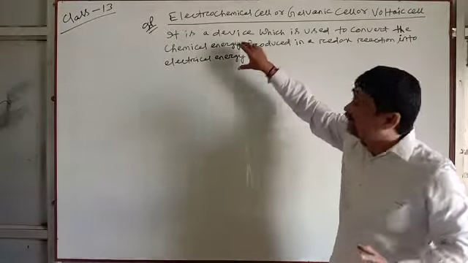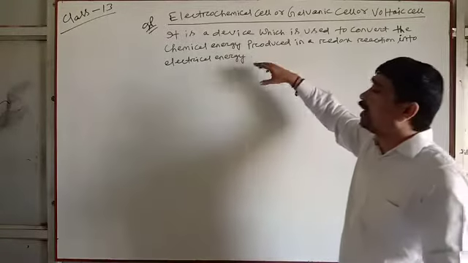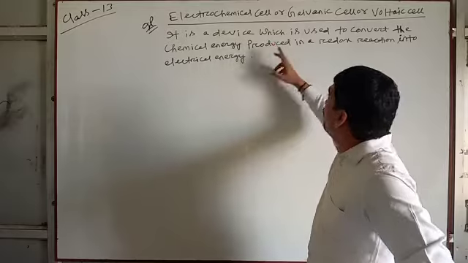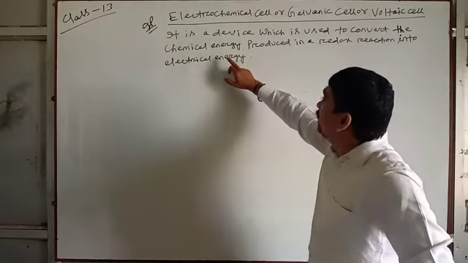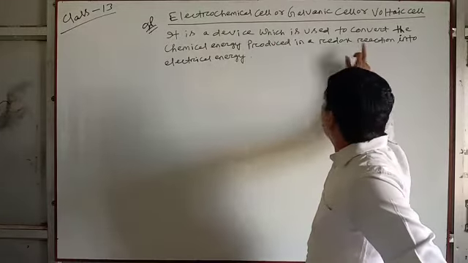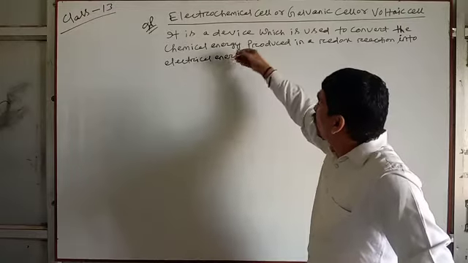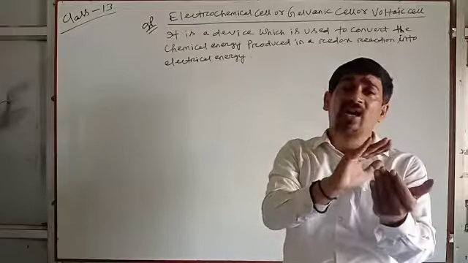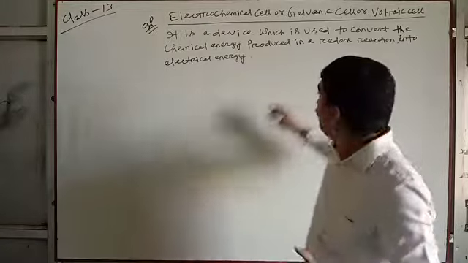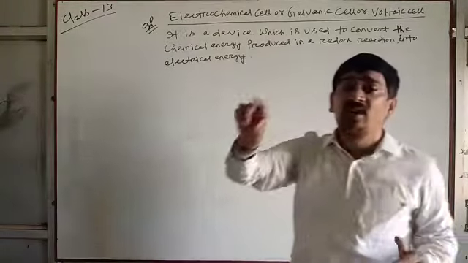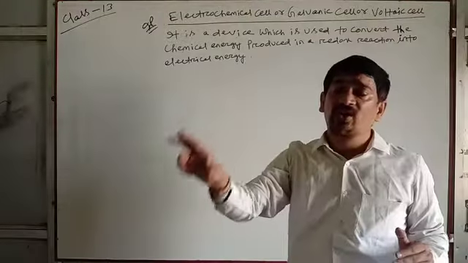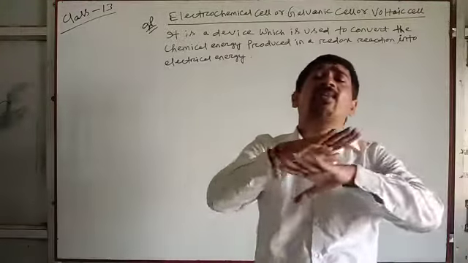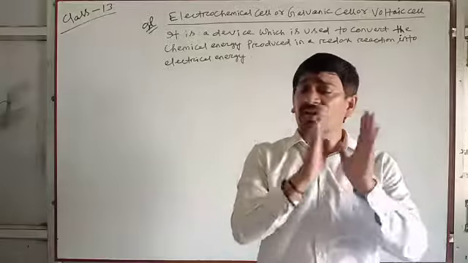So here in the galvanic cell or electrochemical cell, it is a device which is used to convert the chemical energy produced in a redox reaction into electrical energy. The chemical reaction will be a redox reaction, meaning oxidation and reduction occur together simultaneously.